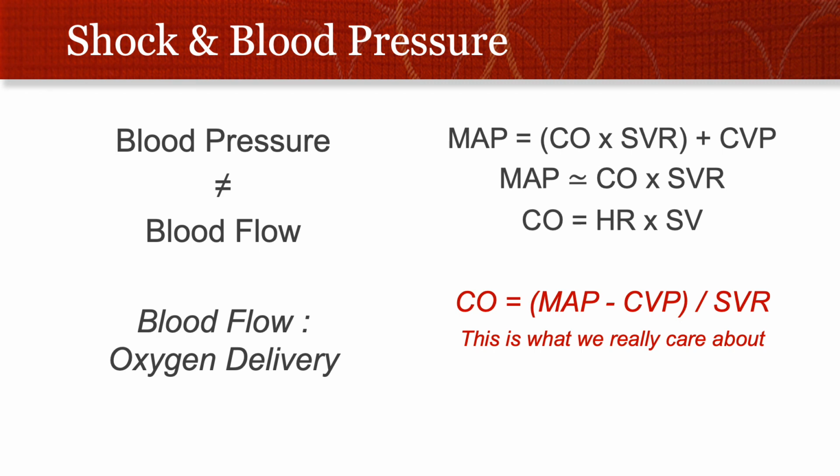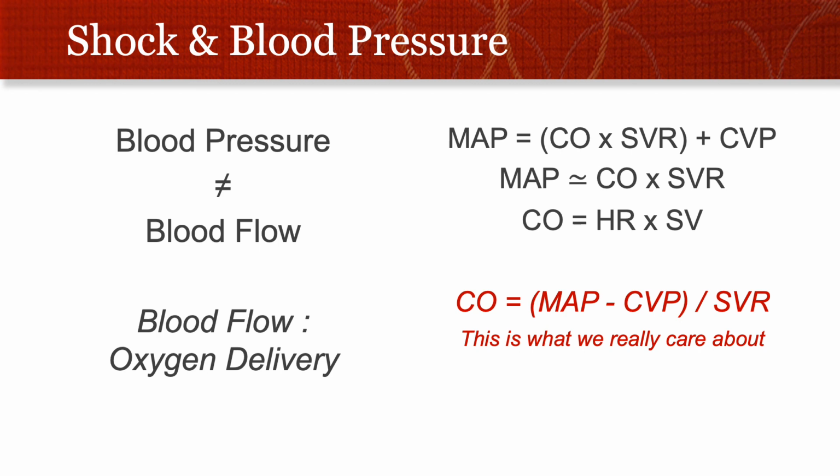There's a really critical mathematic equation to learn, and it's the top right one. The MAP equals the cardiac output times the SVR plus the CVP. There's some other math to make the numbers and the units work out, but the relationships will hold true.